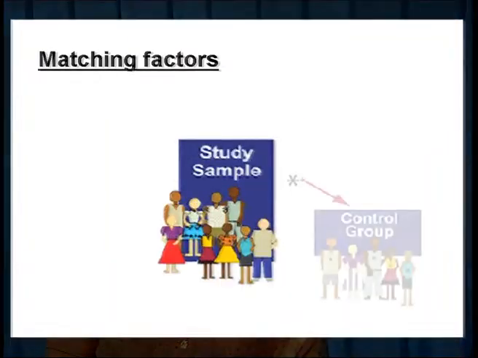But in the case of the next procedure, which we call matching, it is quite different. Now we will see what we do under matching. Matching of members to each group, that is the control group and experimental group, is done by balancing each member with the counterpart in the other group.